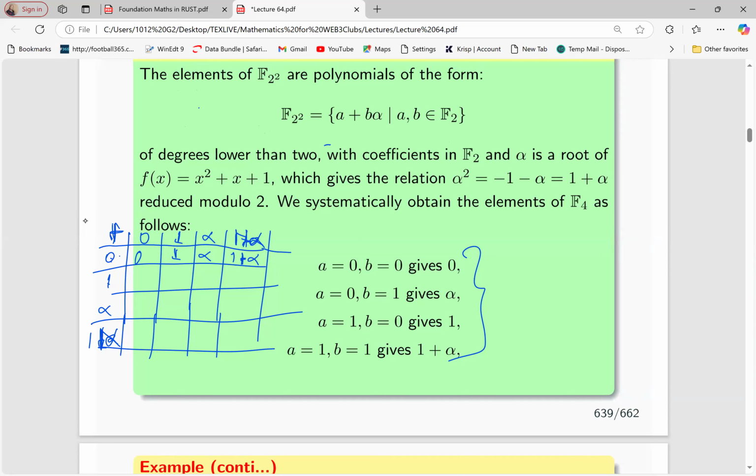And then 1 added to 0 is 1, 1 added to 1 is 2, but we are doing it mod 2. Our base is mod 2. So when we get to 2 or anything more, we must divide by 2 and write the remainder. The remainder in this case is 0.